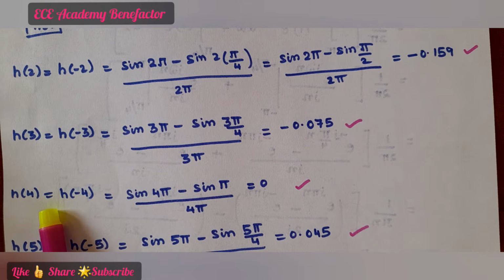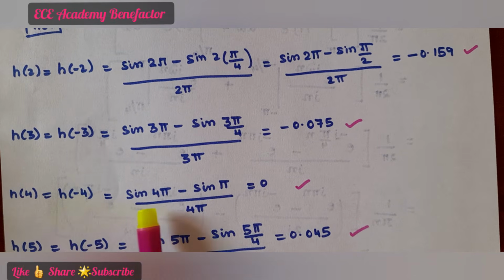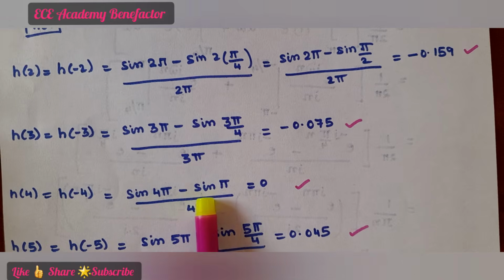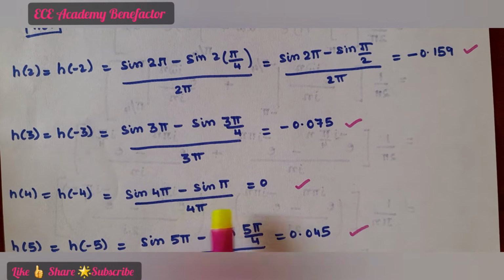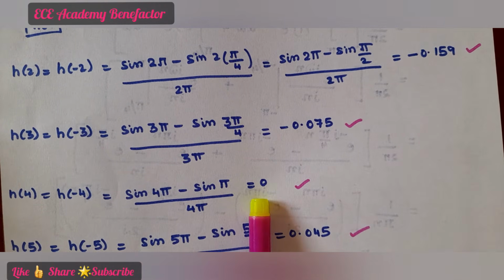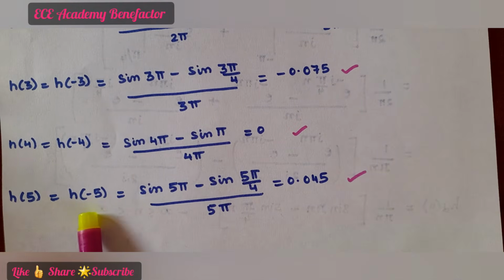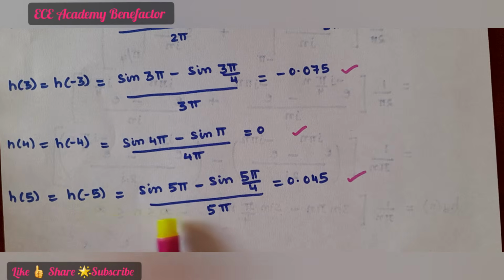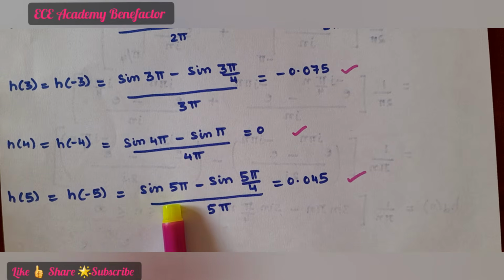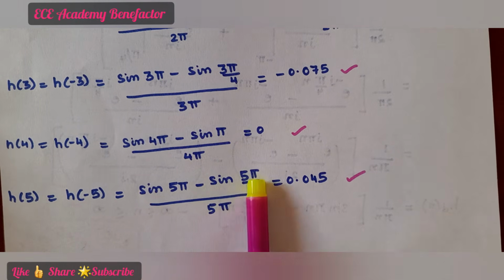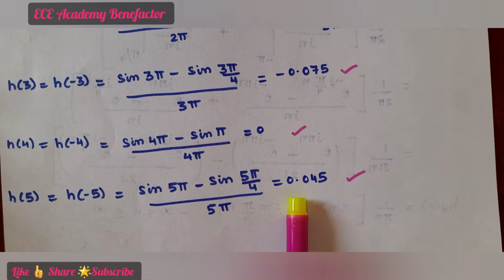Next, we have to find h of 4, which is equal to h of minus 4. Substituting n is equal to 4, sin 4 pi minus sin 4 pi by 4, by 4 pi. On simplifying, we are getting 0. Next, we find h of 5, which is equal to h of minus 5, which is equal to sin 5 pi minus sin 5 pi by 4, by 5 pi, which is equal to 0.045.